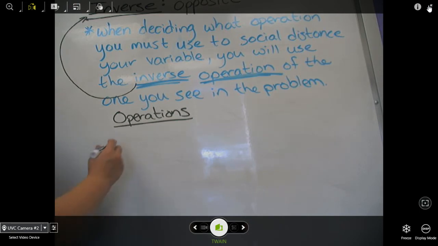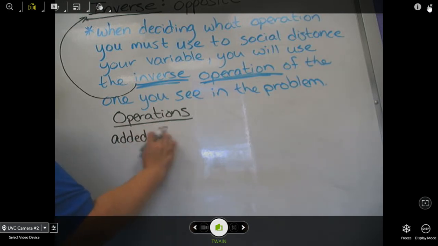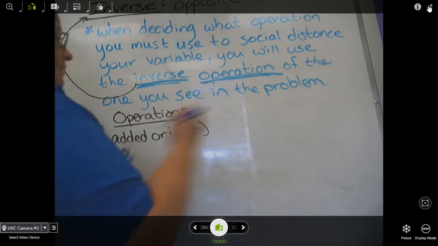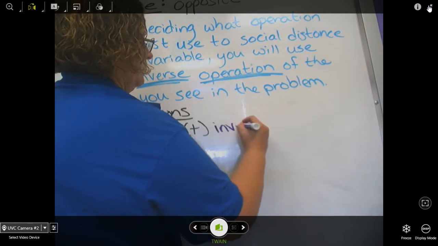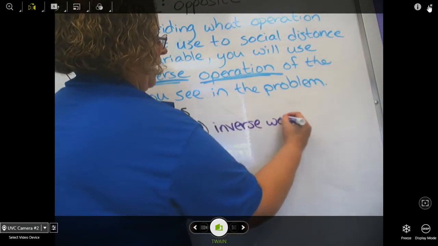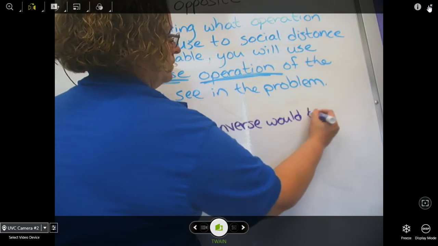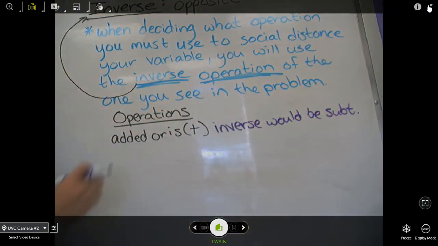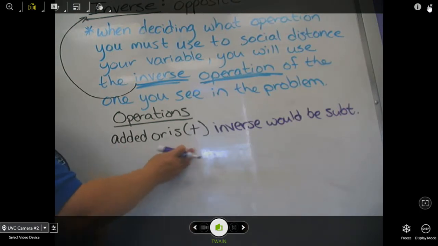If you see something that is being added, or is positive, then the inverse would be what? Subtraction. So if something's being added or it's positive, we're going to do the opposite.